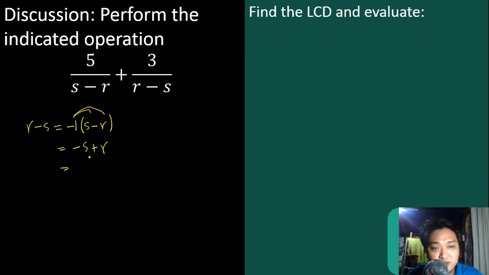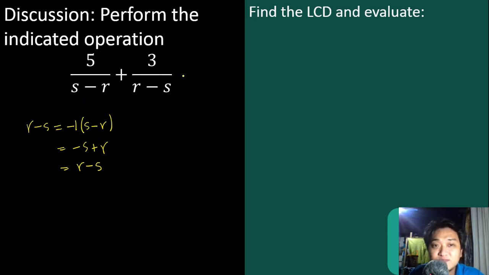Rearranging this binomial, that is the same as positive r, negative s. So, meaning, bumabalik siya sa dati. Okay? Therefore, this is allowed in math, wherein nag-factor out tayo ng negative 1. Ang purpose niyan, para bumaliktad si r minus s, maging s minus r, para pareho na sila ng denominator.